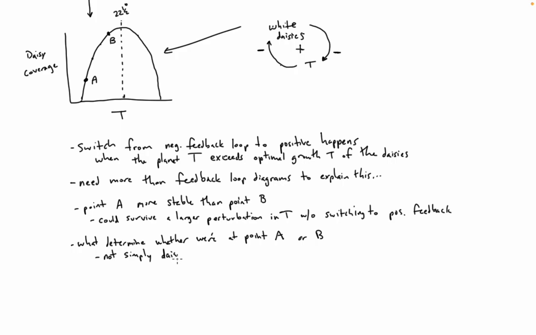That's simply the daisies' preference. To address where we're going to be at a certain point on a diagram like this, we need another relationship, and that's the one relating the albedo and the temperature, independent of the daisies.